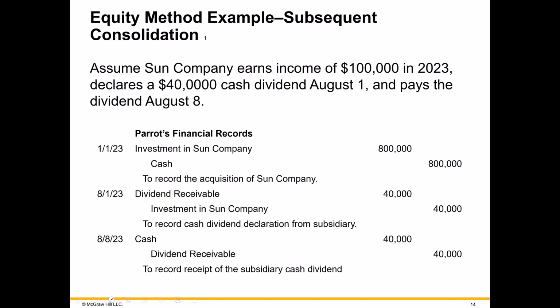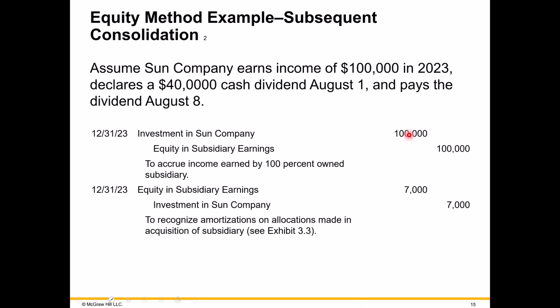And then other entries we have to record during the year. Here at the very end of the year, on the accrual basis, under the equity method, we need to include as income on the books of the parent this income account here, a credit, the amount of profit, the amount of net income that the sub had earned, thus increasing the cost basis here of the sub asset.